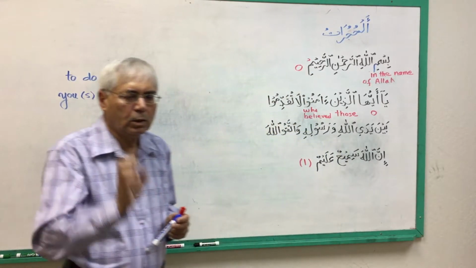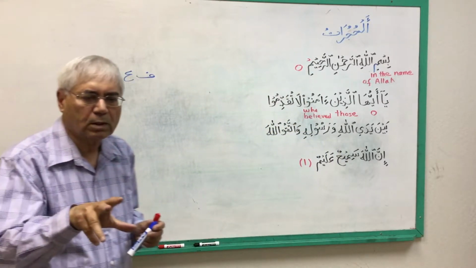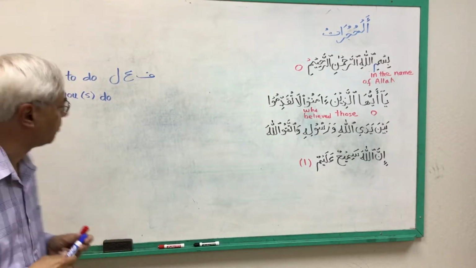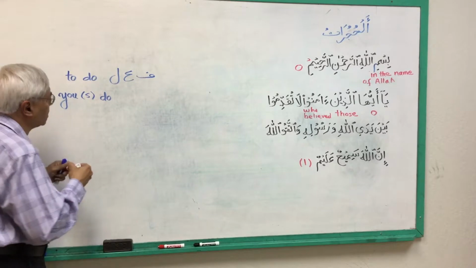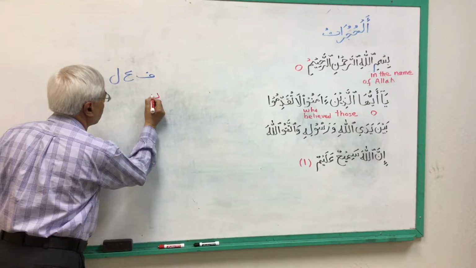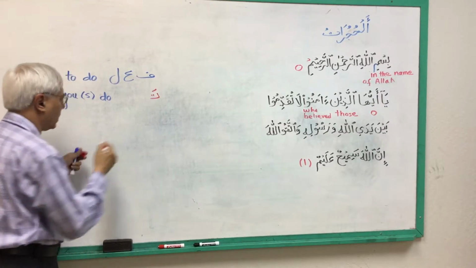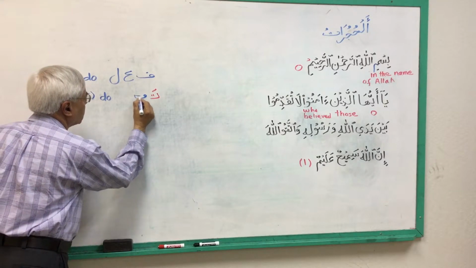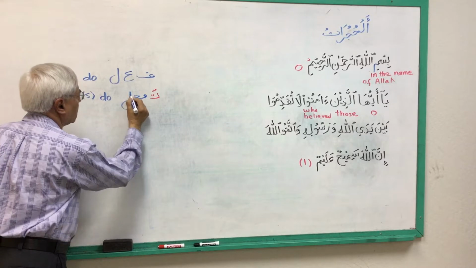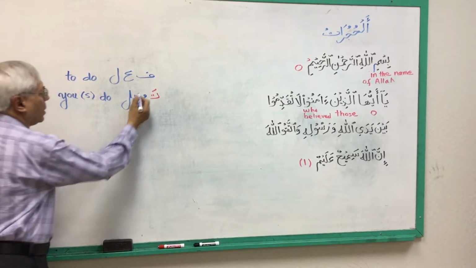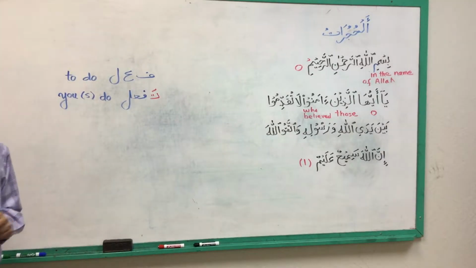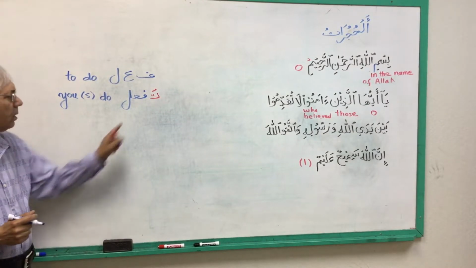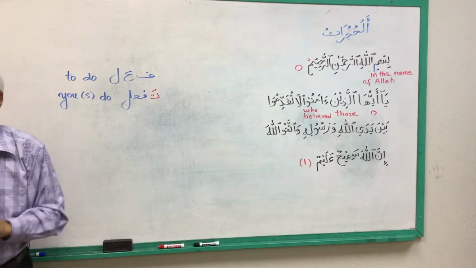Okay. The rule is that if you look at the box number 4 probably, in the second line, the word starts with ta, with a fatha. So what we do, we combine these three letters and put a ta in the beginning. Okay? And we put a fatha on ta.